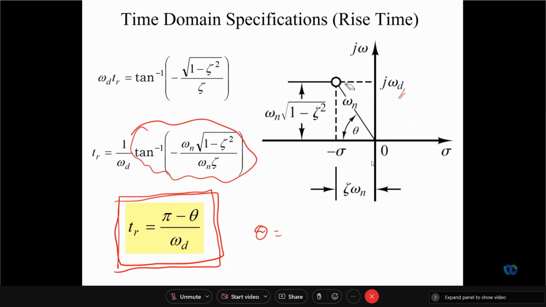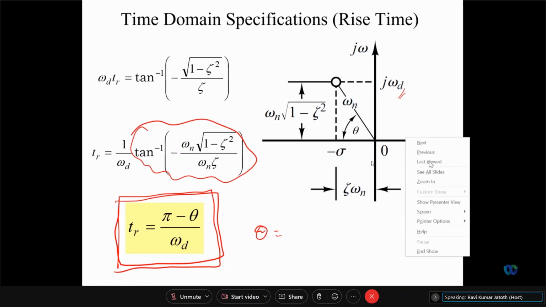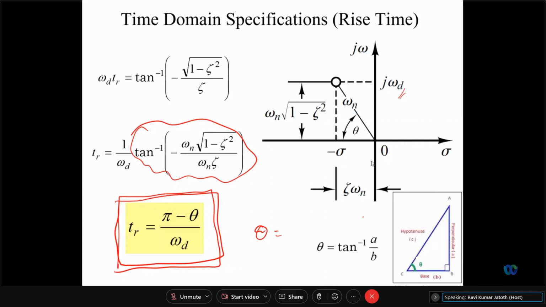Right, so this term is there, okay, right? So from this only you are going to get the substitution. So now tan theta is a by b. So now anyhow it is a and this is b, right? So from this one we are trying to write it as theta, right?